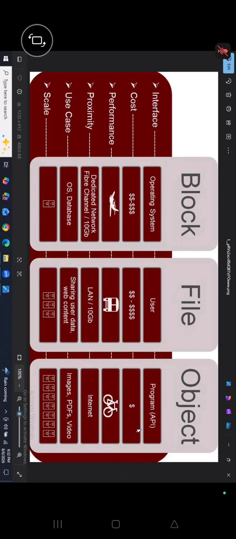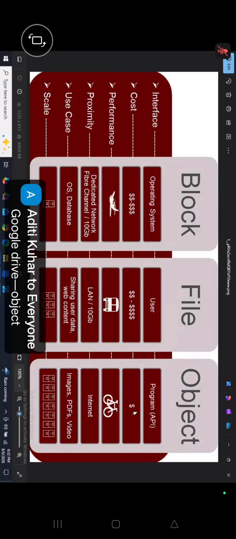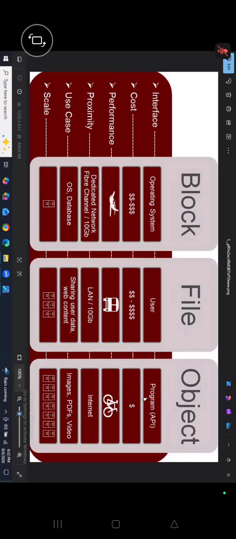Object storage. Which one is the best example? Very good, Aditi. Google Drive is the best example of object storage, right? You can save your objects. Objects means files, folders, MP3 files, video files, image files. We store them into Google Drive, right? By default, we get 15 GB.